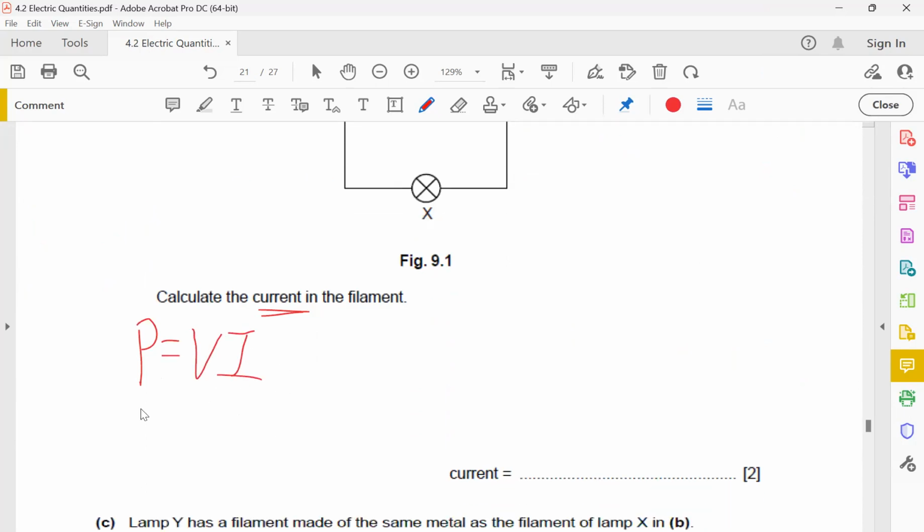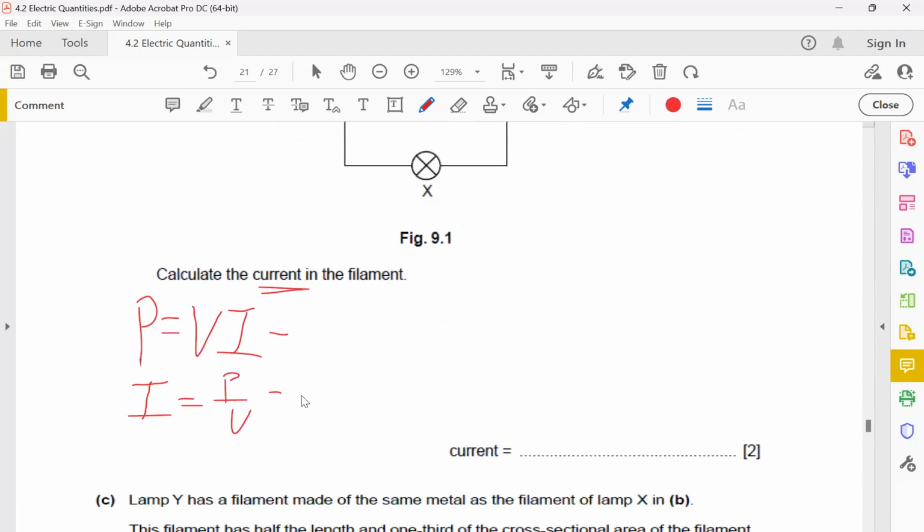From here, if you're looking for the current, your I will be essentially P over V, right? Which in this case will be 60 divided by 230. Press that in your calculator and you'll get 0.26, is it? Oh, sorry, 0.23 or 26. 0.26 amperes.